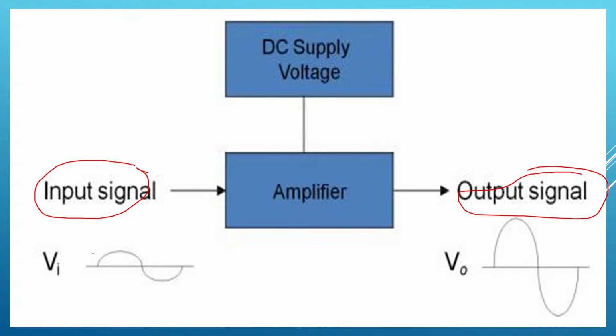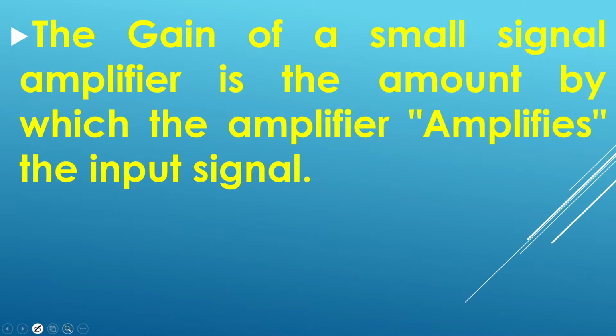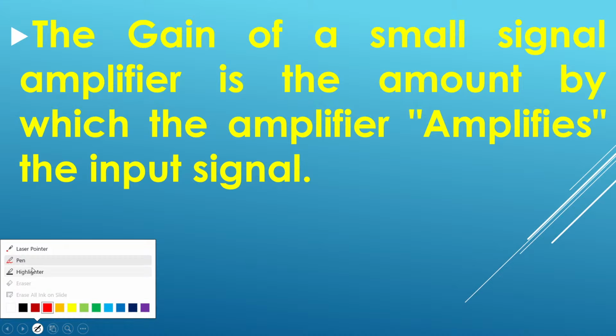If you see here, this is the peak value of the input signal, and here this is the peak value of the output. According to this diagram, whatever I'm roughly drawing, this much amount of amplification has taken place. Therefore, that is the gain value. So what is gain? Gain is the amount.